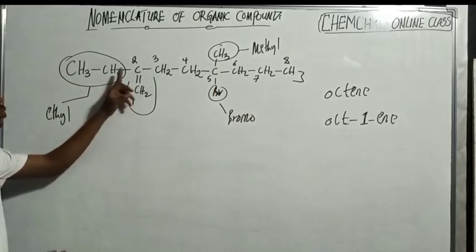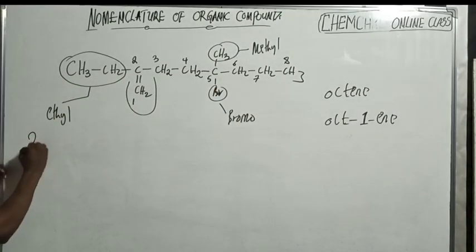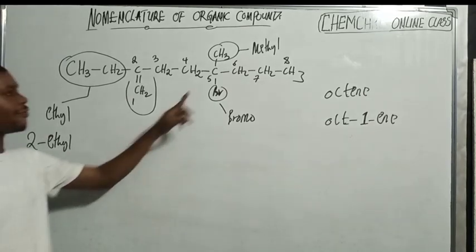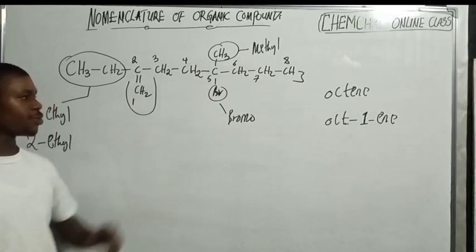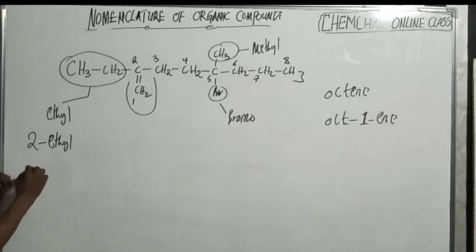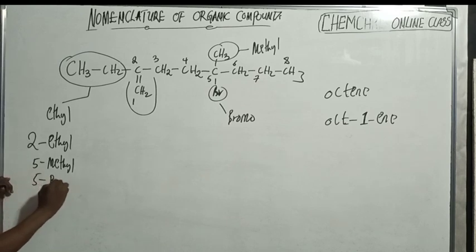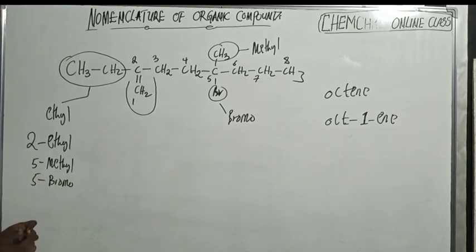Now, I come back to our ethyl group. So it will be 2-ethyl. Now I come back to 5, where I have a methyl and a bromine. So we have 5-methyl, and here we have 5-bromine. Can you see that?